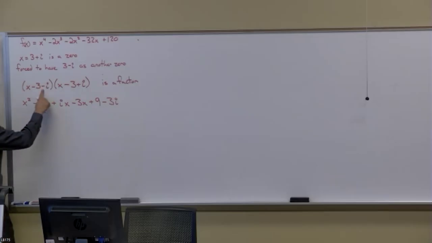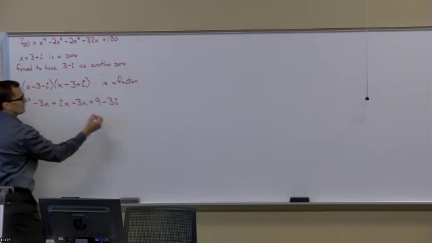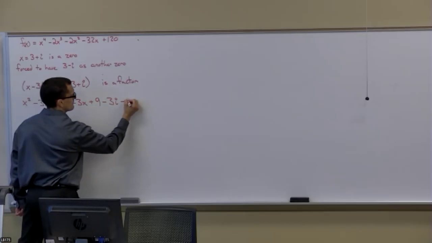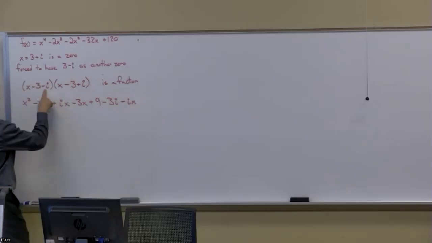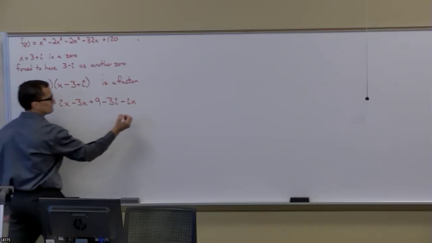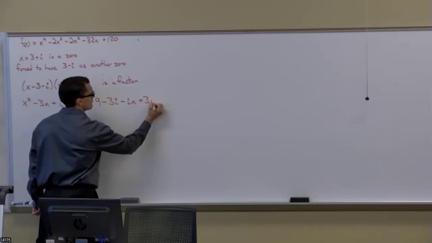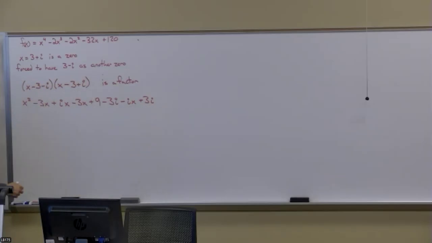Then I'll take negative i times x. Negative i times negative 3 gives me a plus 3i. Negative i times i, that's going to be minus i squared. i squared is negative 1, that's plus 1. We're okay with that.